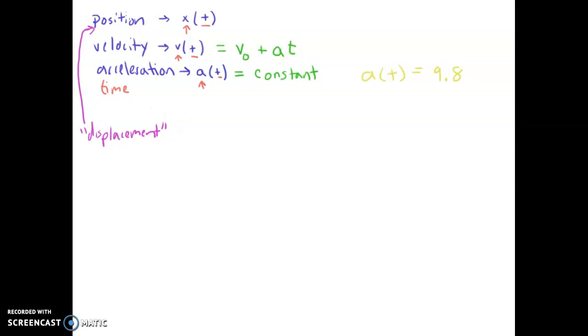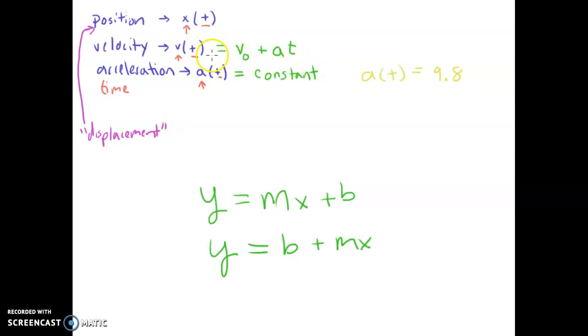We should notice that this looks pretty similar to y equals mx plus b. If we had learned that equation as y is equal to b plus mx, which is the same thing, look how similar that looks. And even better if I write f of x equals b plus mx. We know that these three are the same thing.